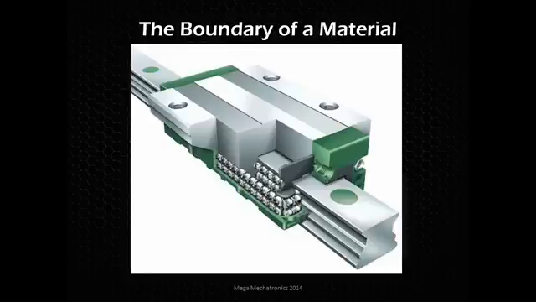Some of the other components don't have critical surface finishes, but the boundary of the balls, where they meet the boundary of the rail, need to be pretty tight in specification if you want a really smooth rolling and long-lasting bearing system that can hold a lot of weight, take shock, things like that.